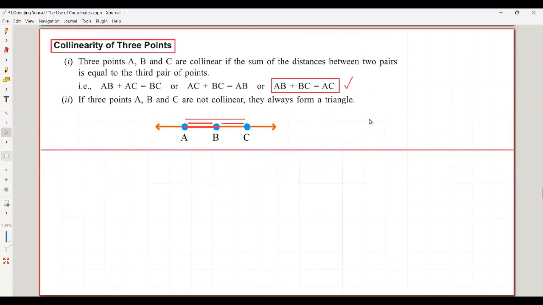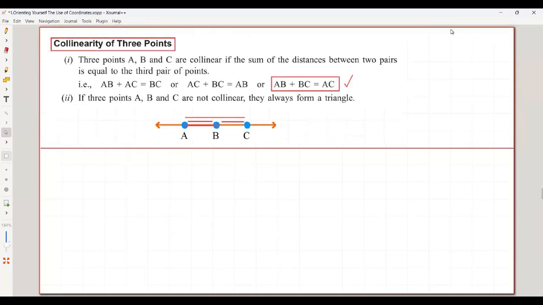So now the next concept is collinear points, or collinearity of 3 points. That is nothing but the 3 points lying on the same line. We can say the 3 points are lying on the same line when the distance between two pairs adds up to the third pair of points.